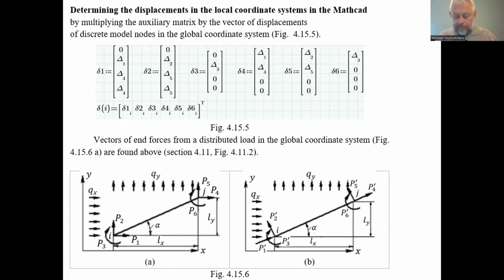And these three components for the end of the finite elements are the displacements of the ends of the first, second, third, and fourth finite elements.